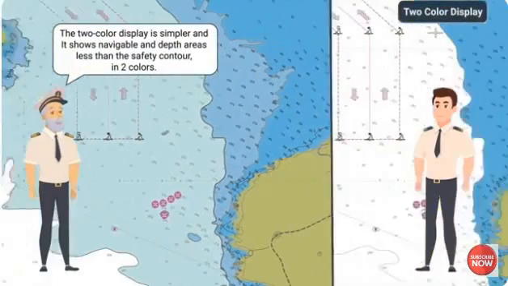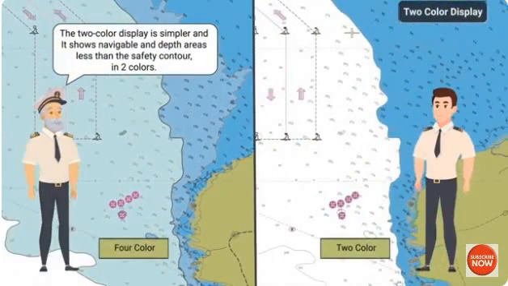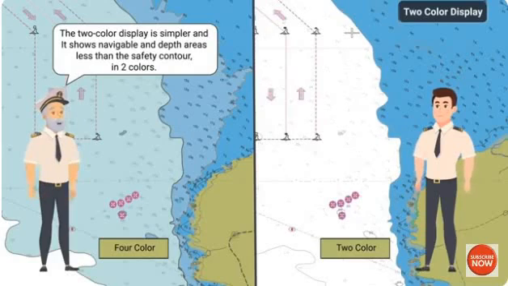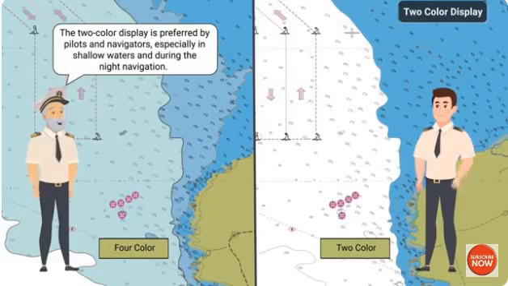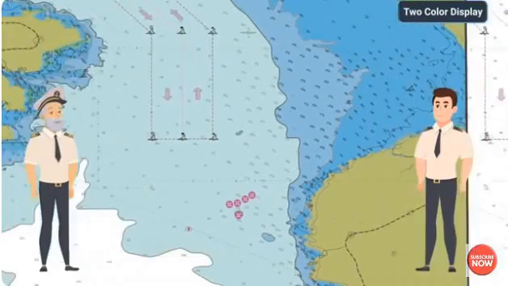The 2-color display is simpler and it shows navigable and depth areas less than the safety contour in 2 colors. The 2-color display is preferred by pilots and navigators, especially in shallow waters and during night navigation.